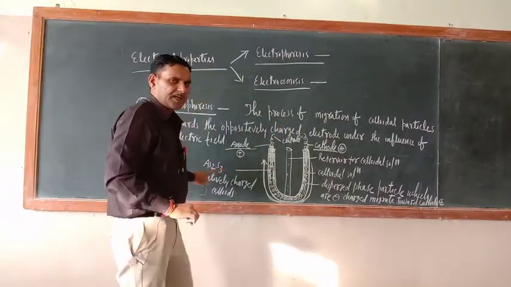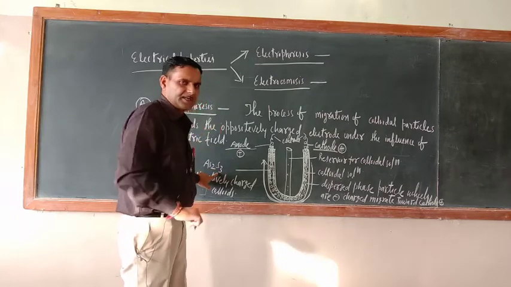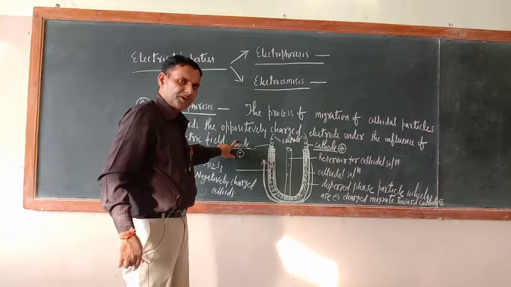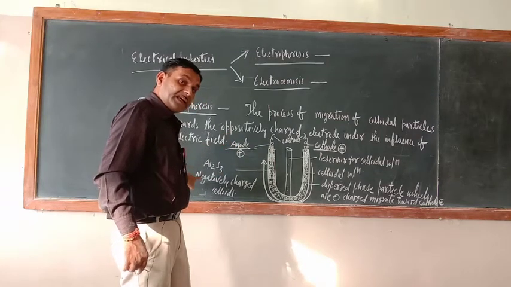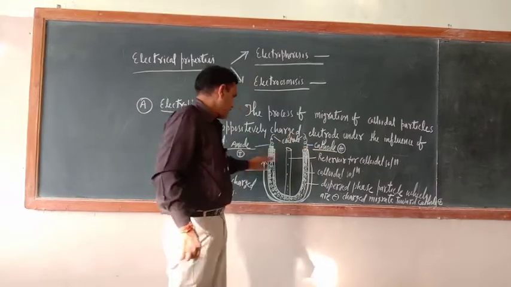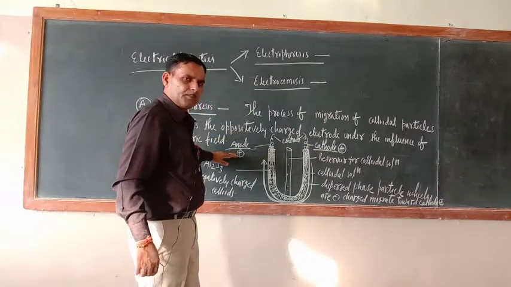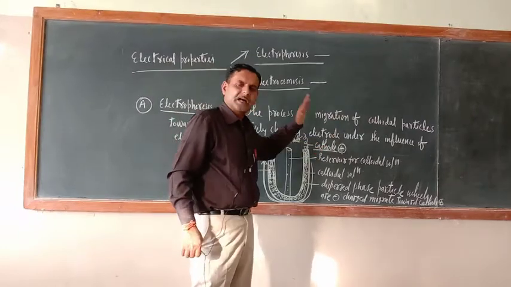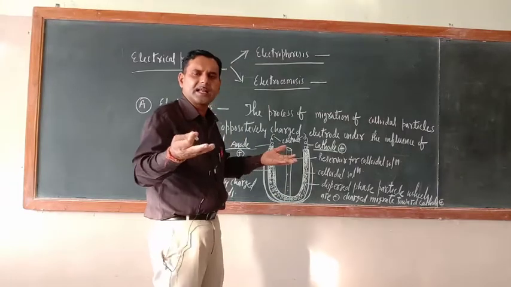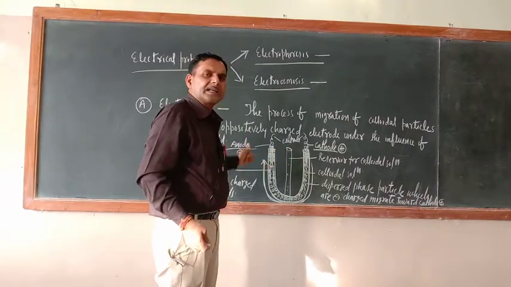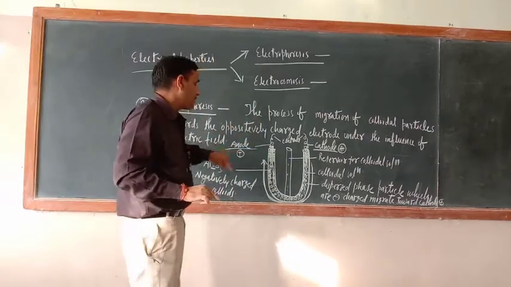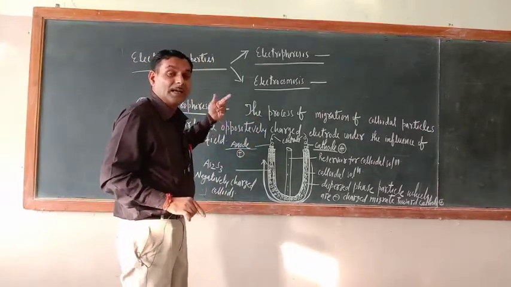If the sol is negatively charged, meaning the colloidal particles are negatively charged, they will migrate toward the anode. If they are positively charged, they will migrate toward the cathode, because the anode has positive charge and the cathode has negative charge in an electrolytic cell. So this arrangement is nothing but an electrolytic cell arrangement. Since arsenic sulfide is a negatively charged sol, it will migrate toward the anode.